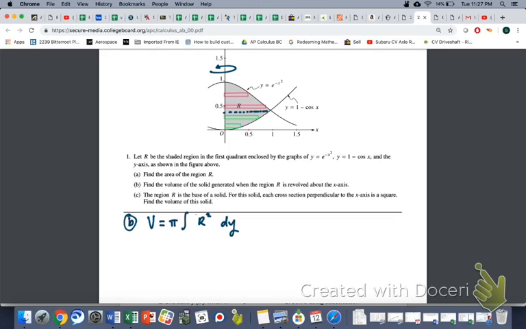And so I think I'm going to say that the volume here is going to equal pi integral r squared dy plus pi integral r squared dy. I'll just use a lowercase r to indicate that it's a different r. So we're going to have to consider two separate integrals to figure this out.